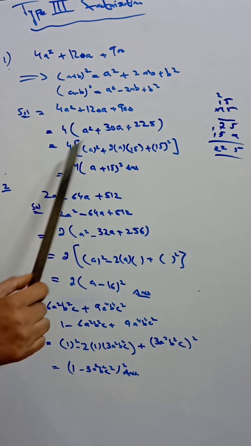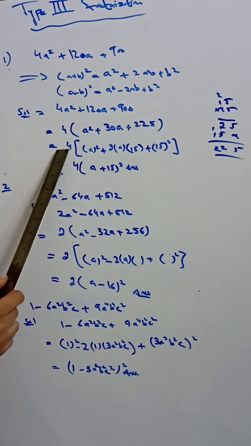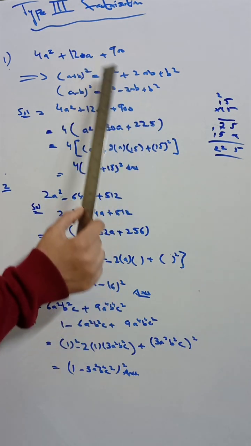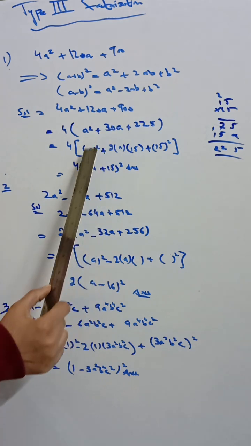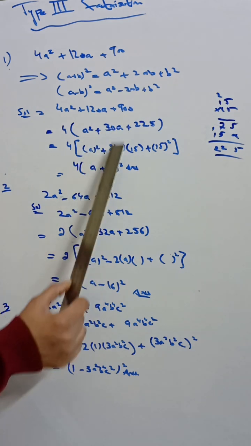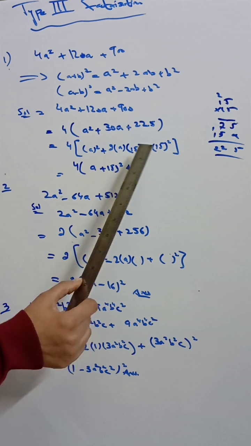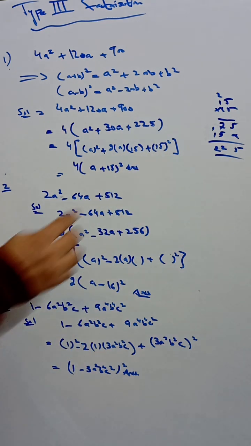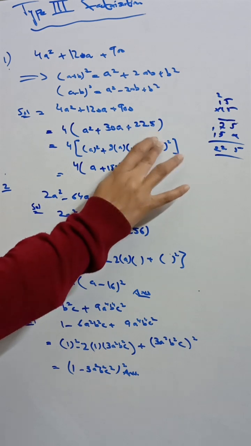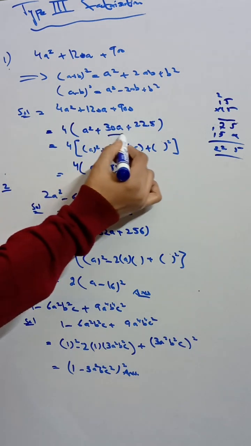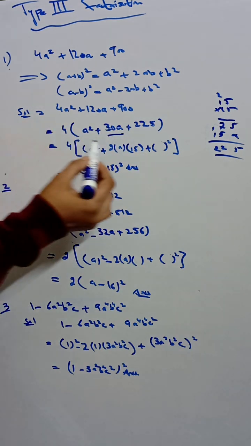Now we will apply the formula on it. 4 will remain the same. We make the right hand side like that according to this formula. What is A here? A whole square plus 2 of the formula. If I don't know the square root of 225, I can easily find it by using the center figure, which is 30A.